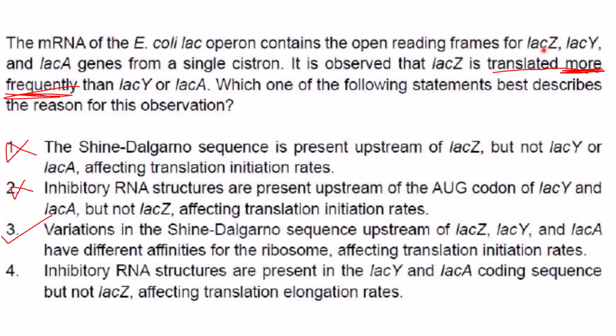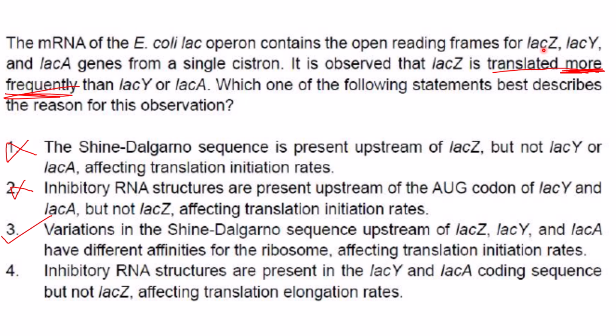The variation is such that the ribosome has more affinity towards the Shine-Dalgarno sequence upstream of lac Z than lac Y and lac A. It will result in translation of lac Z more frequently than lac Y and A.